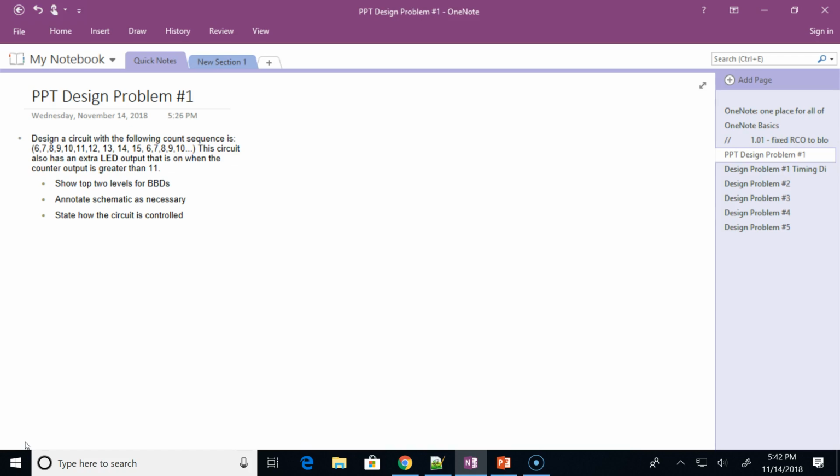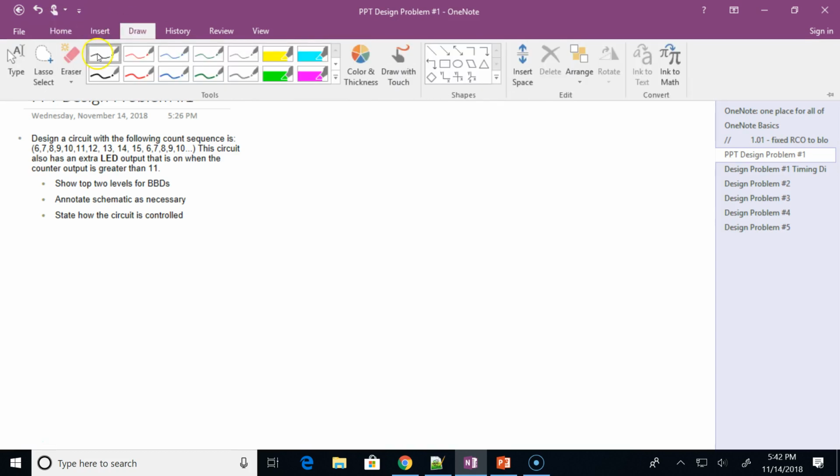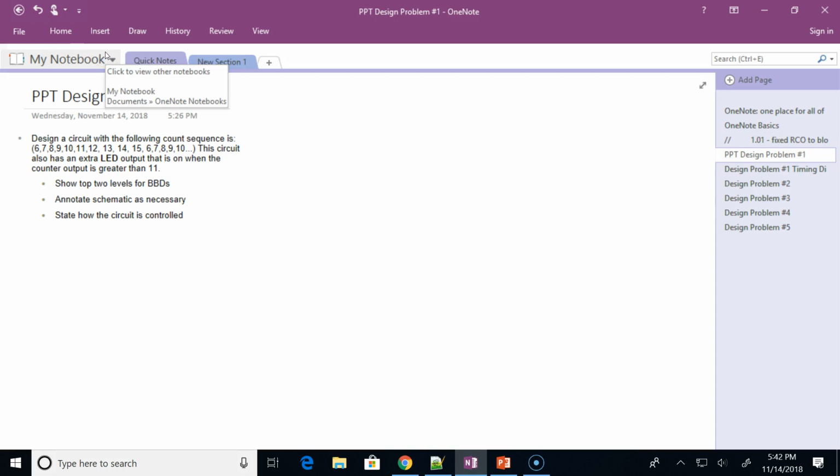The very first thing you want to do in this circuit is get the drawing going, which is essentially to write a black box diagram for this thing. So we'll do that right here. This is the top level black box diagram. It's a circuit. It has a count output, and it has a clock because it's a counter.